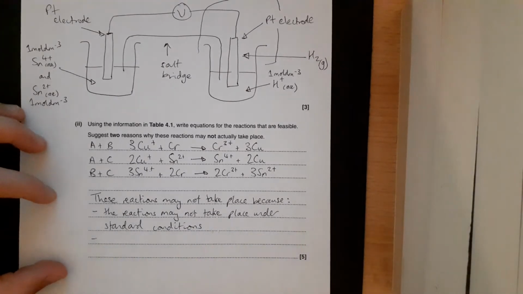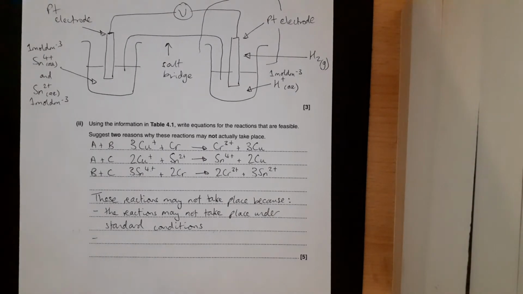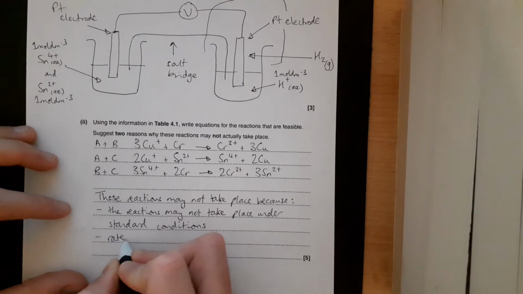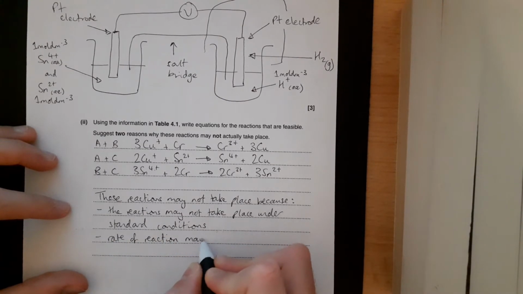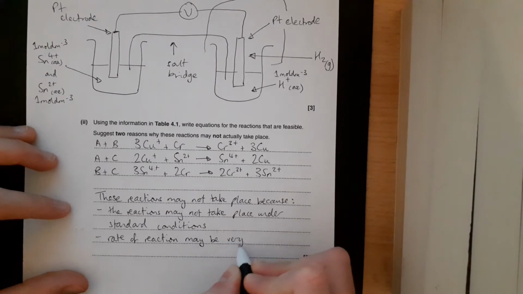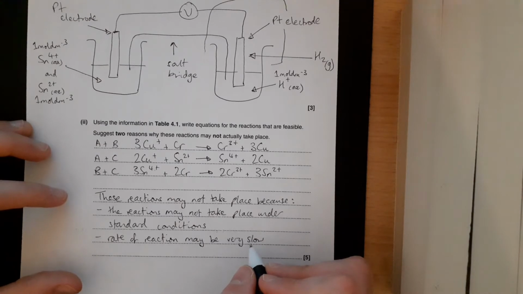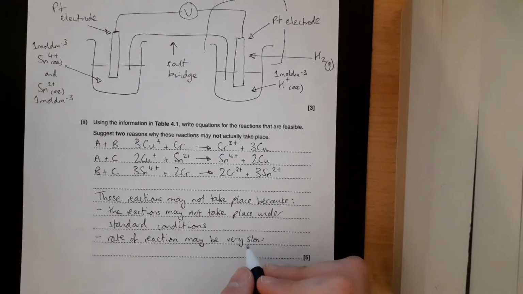And then the other reason it always comes up with these is that, okay, even if you are doing it under standard conditions, maybe this reaction should happen in theory, but it might not actually happen because we also need to consider the rate of reaction. Okay, so we could say the rate of reaction may be very slow. And often we can go into a bit of detail of why, the main reason why the rate of reaction would be slow would be because the activation energy would be very high.